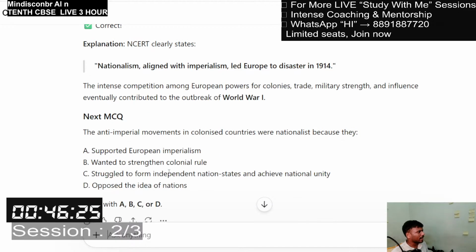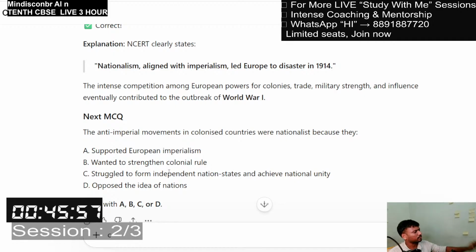Next MCQ. The anti-imperial movements in colonized countries were nationalist because they supported European imperialism, wanted to strengthen colonial rule, struggled to form independent nation states and achieve national unity, opposed the idea of nations.